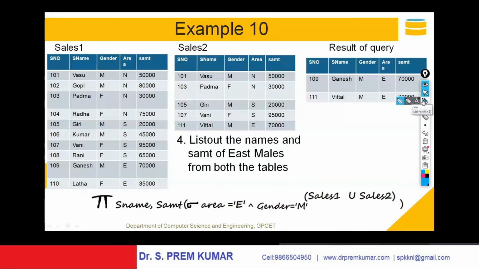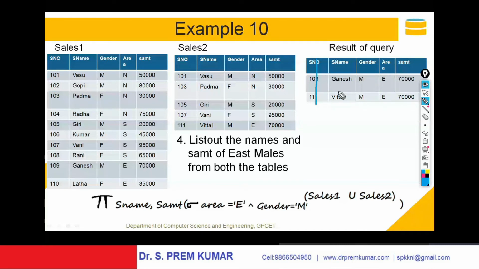Here is a similar concept. The question is east males from both the tables. He wants eastern salespersons, and those who are male, and he is asking for names and sales amounts. When he is asking names and sales amounts, in the output you should not get the salesman number.